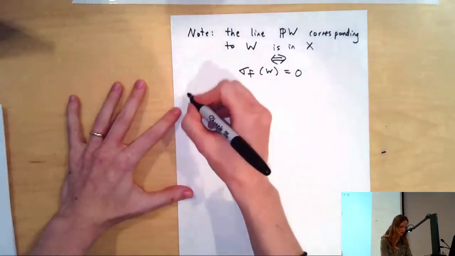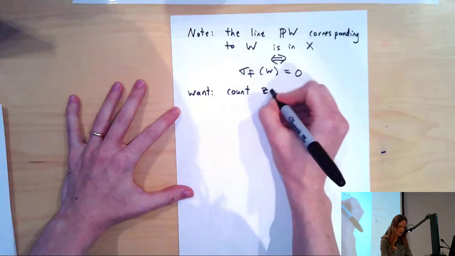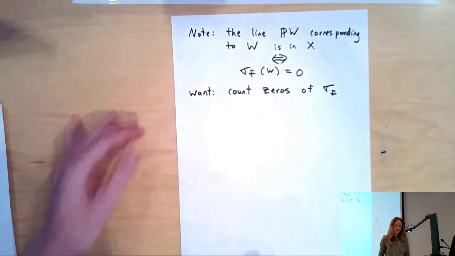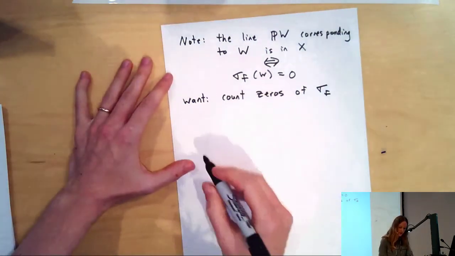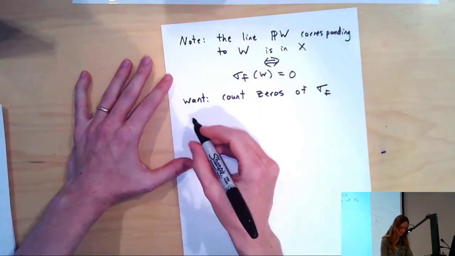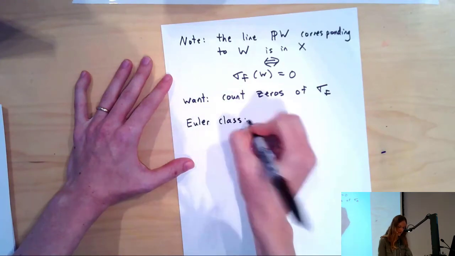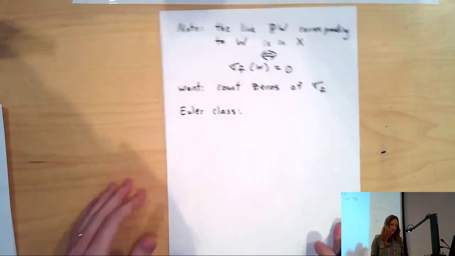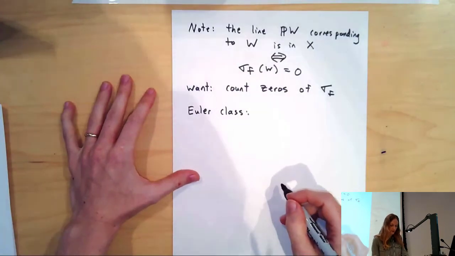We now want to count the zeros of a section. And there is a tool for doing this. So the Euler class counts the zeros of a section of an appropriately oriented vector bundle with a given weight. So let's talk about that.